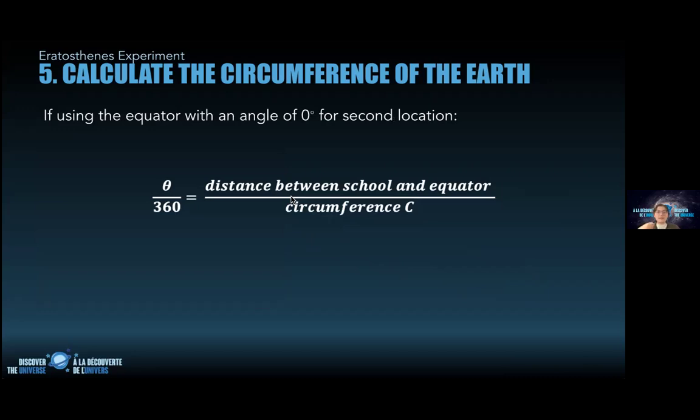So it's just the angle you calculate divided by 360 equals the distance between your school and the equator divided by the circumference. Rearranging that a bit, the circumference is equal to 360 times the distance between you and the equator divided by the angle you calculated.